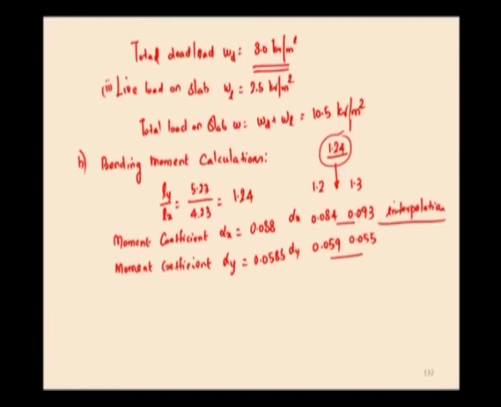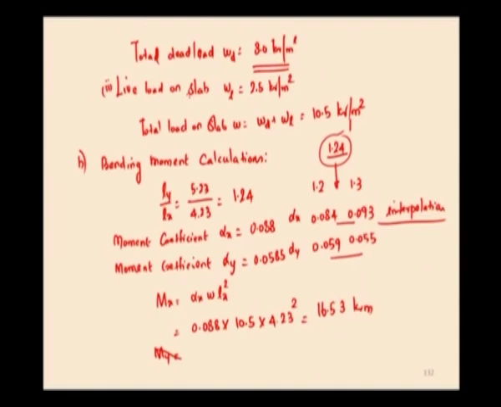0.0585. Now, the bending moment along x direction is alpha x w Lx square, that is 0.088 into the total load acting on the slab, 10.5, into Lx, here it is 4.23 square, that is equal to 16.53 kilonewton meter. In a similar manner, My is again alpha y into w into Lx square, not Ly square, it is Lx square.